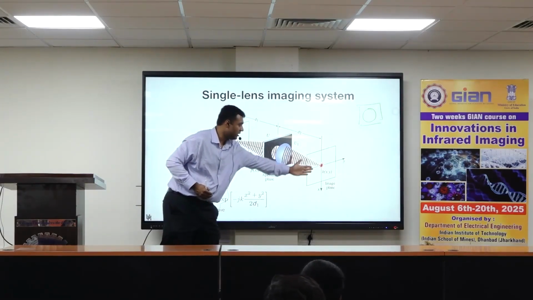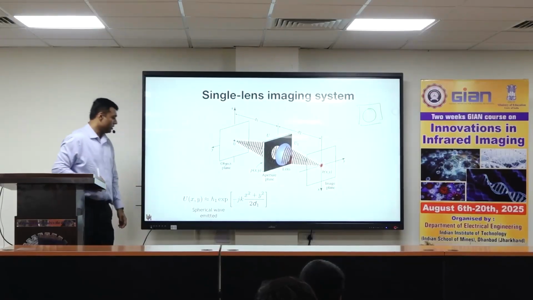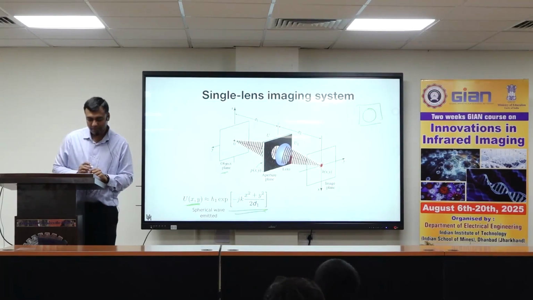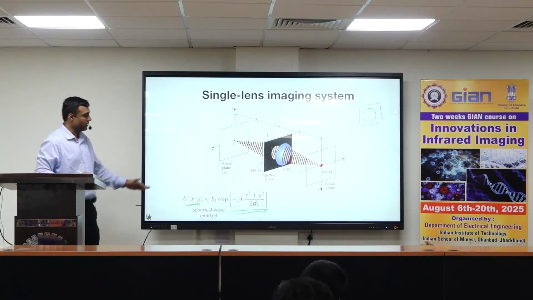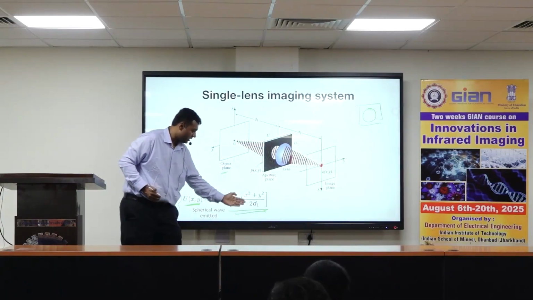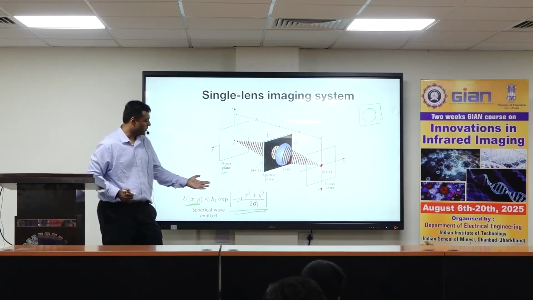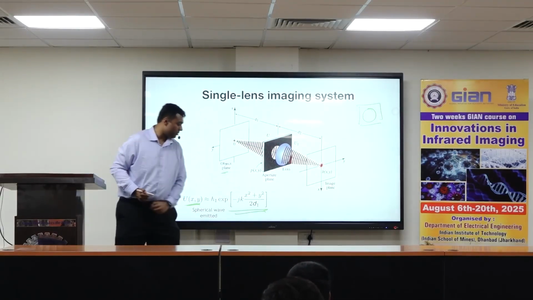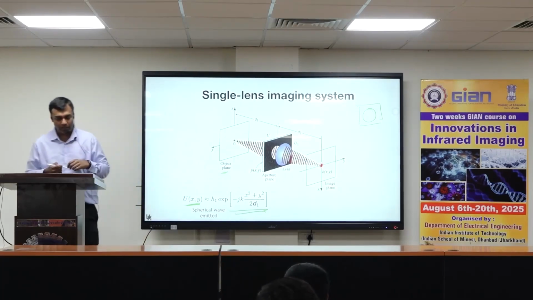It's called the image plane here. The light emitted by this object is, as we saw in the previous class, a spherical wave, and as it travels, under the Fresnel approximation, you basically have this kind of e to the j(x squared plus y squared) formulation.